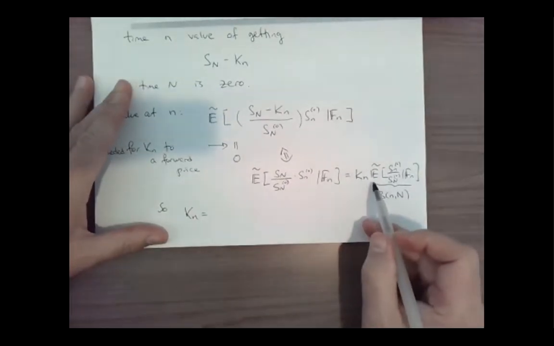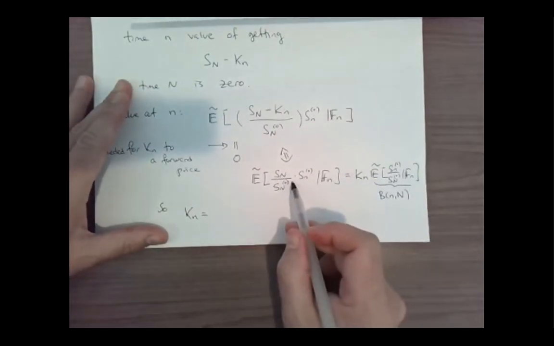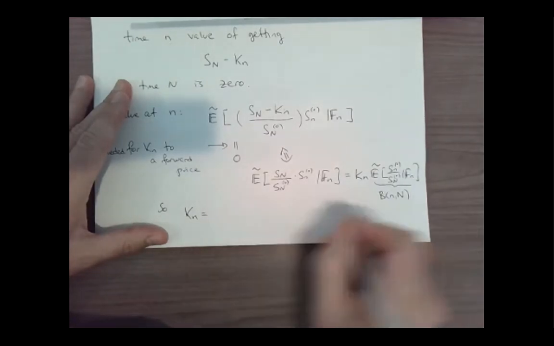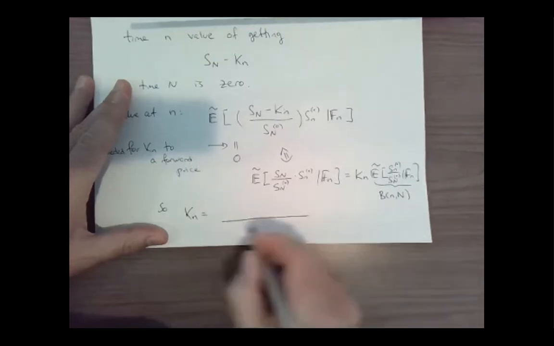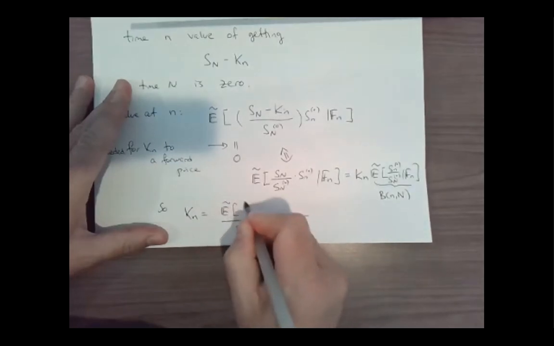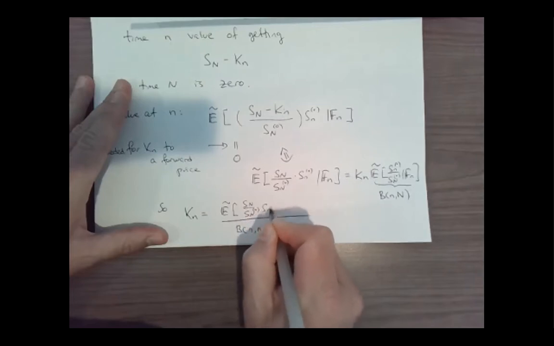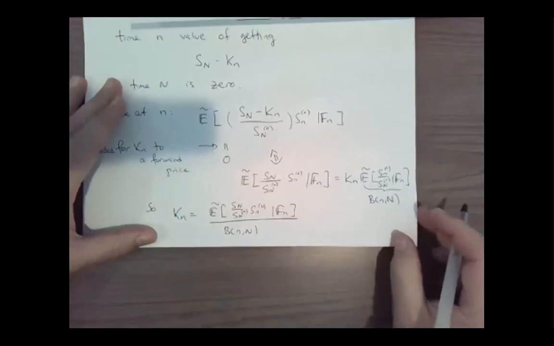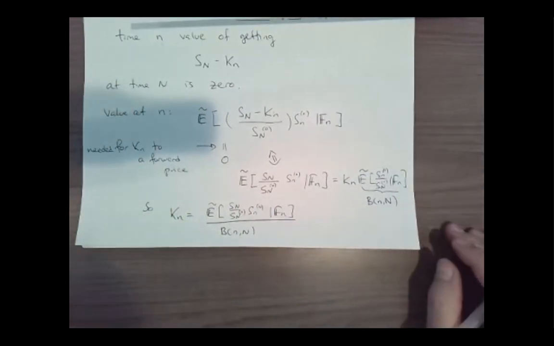If I solve, I'll get Kn divided by B and N, and then this conditional expectation on top. There you go.